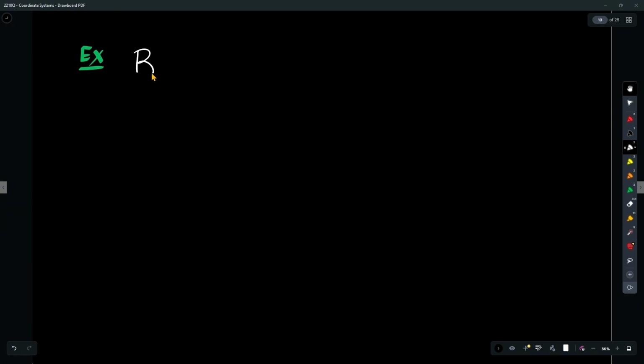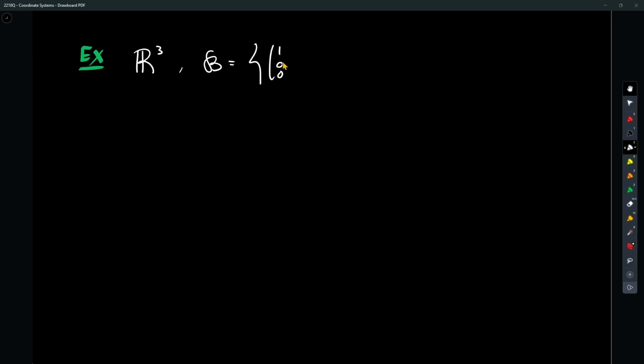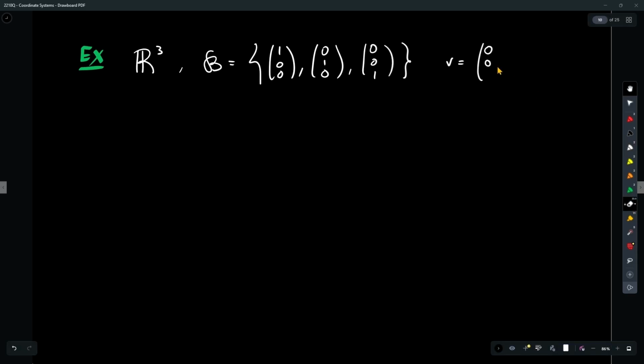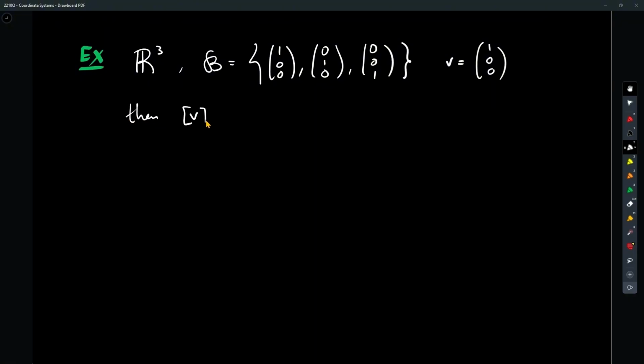So for instance, if we have R3 and my basis is the usual basis (1, 0, 0), (0, 1, 0), (0, 0, 1), then if I take v to be the vector (1, 0, 0), the coordinates of v with respect to the basis B will be, well, if I write this vector as a linear combination of these three vectors, that will give me the coordinates.